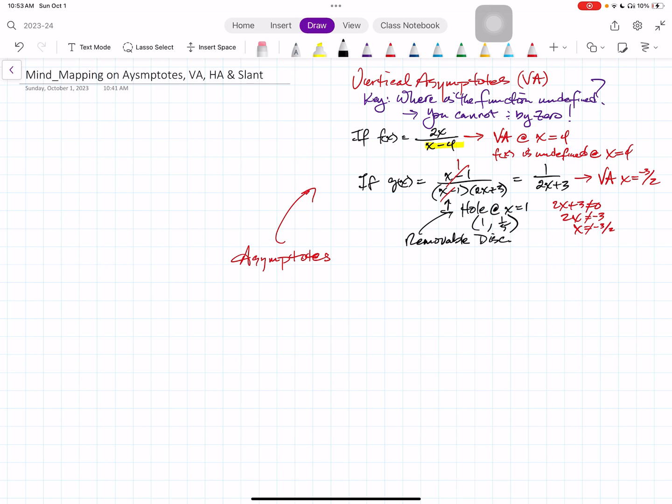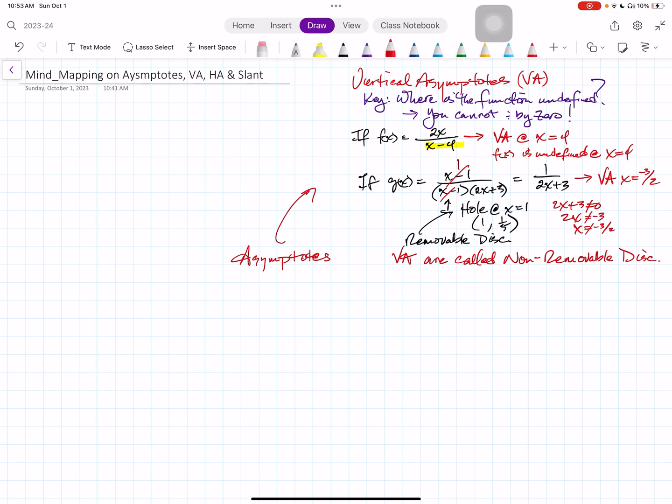Okay, so let's write down the key concept here that you need to remember. Vertical asymptotes are called non-removable discontinuities. So grab your red pen. Vertical asymptotes are called non-removable. Again, all of this information is in your lesson, and I encourage you to take a look at it because we went through it already.